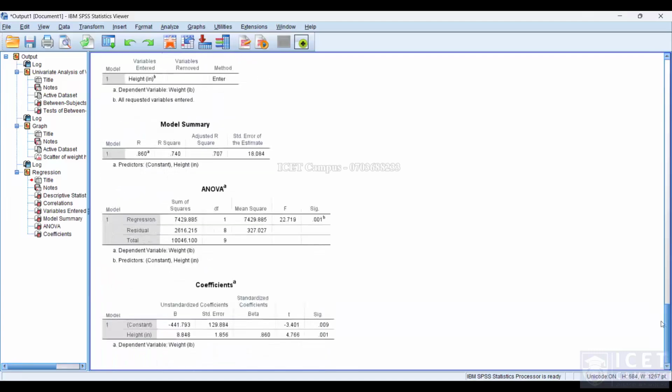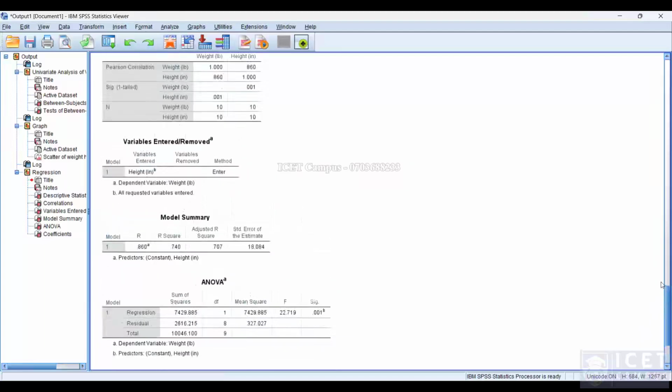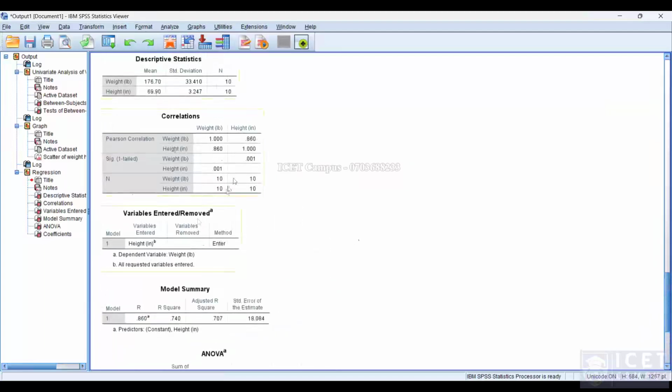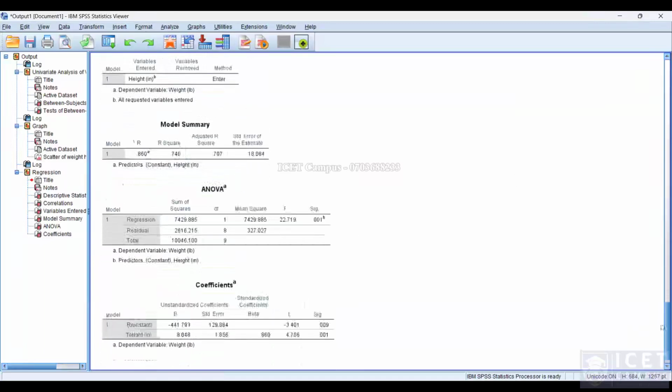Right. Then when it comes to the model summary, R square value is very much important. Here also you can see this R value. It is again like this correlation, same correlation value here. Here correlation is 0.86. Then here also you can see in the model summary 0.86. So R square value is very much important here because R square is like an effect size measure.